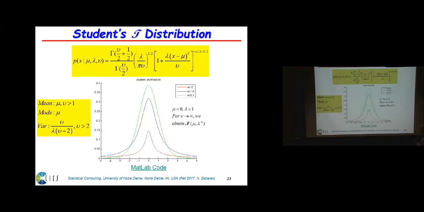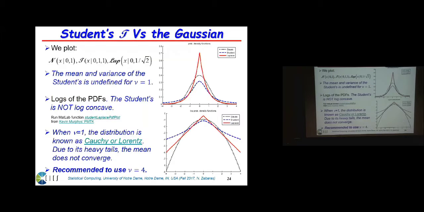I believe there is a plot, maybe in the next slide. Yes, here it is. I want you to look carefully at this slide. I have not defined the Laplace distribution yet, but it's plotted here. It's coming in a slide or two down the road. But let's compare the Gaussian distribution with the student t distribution. This is the Gaussian, and you notice the student t distribution tails are much fatter than the tails of the Gaussian. This has lots of implications, and I have an example coming that I will show you.